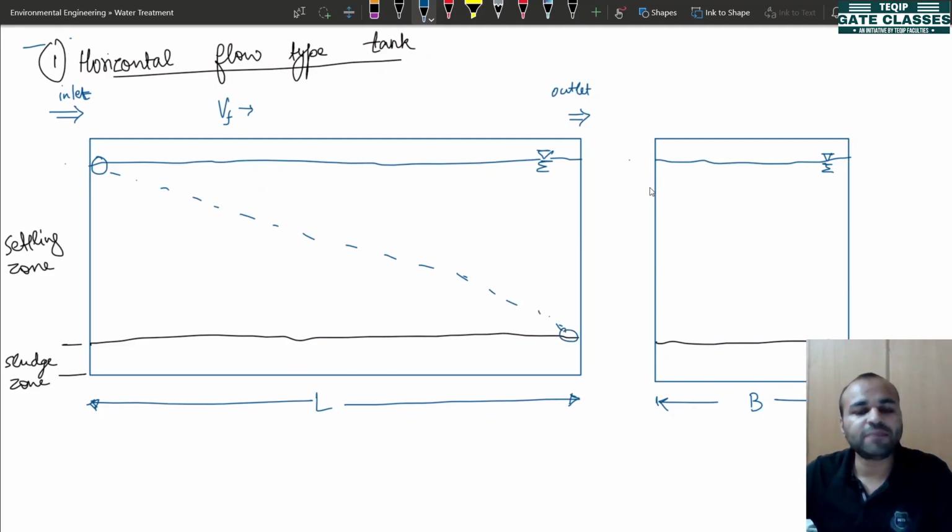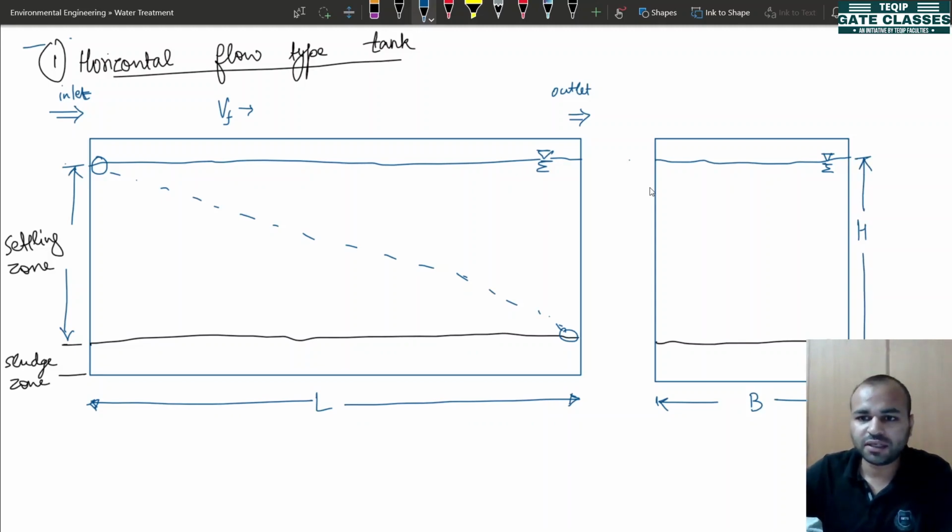This will be the moment when we will consider this particle to be completely removed. So when it reaches the bottom surface of the settling zone, we will consider it completely removed. This is the first assumption.